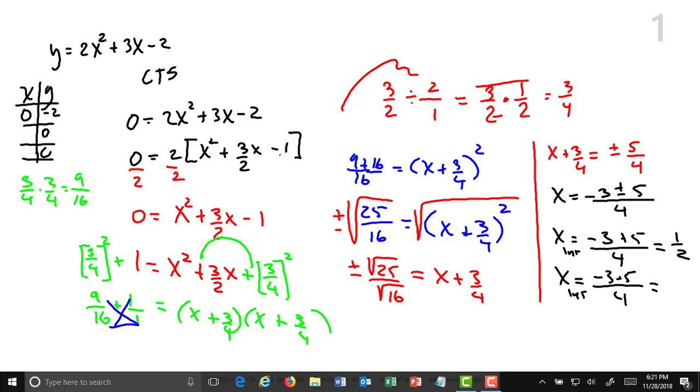That's equal to minus 8 divided by 4. What's that? Minus 2. Now, isn't that what we had before for x-intercepts? We did. We had one that was a half, and one was minus 2.